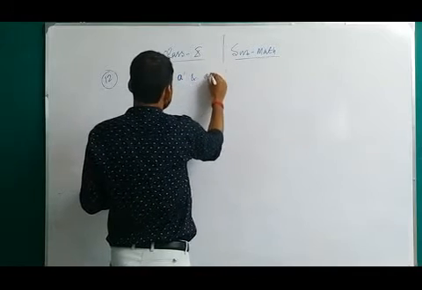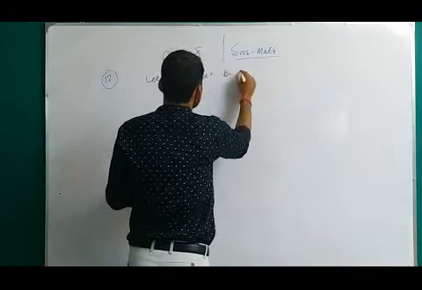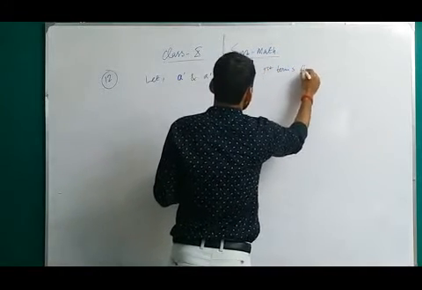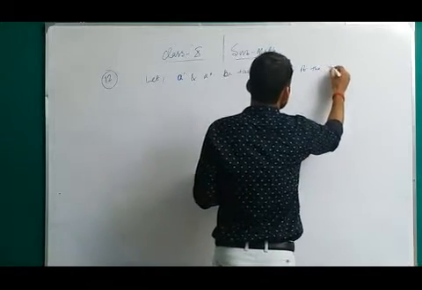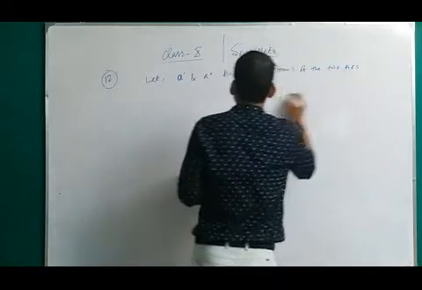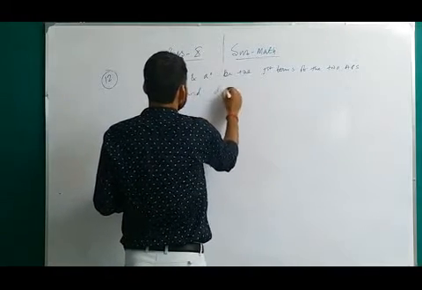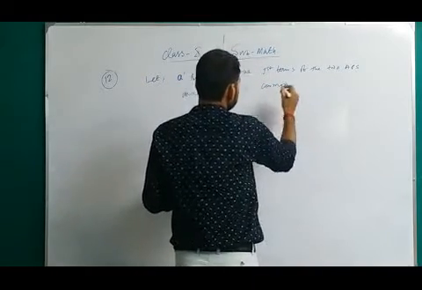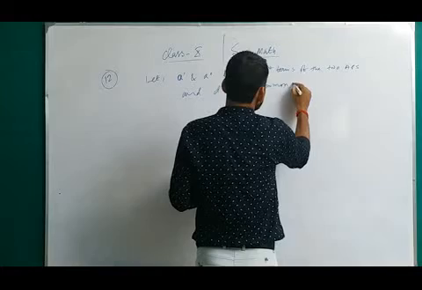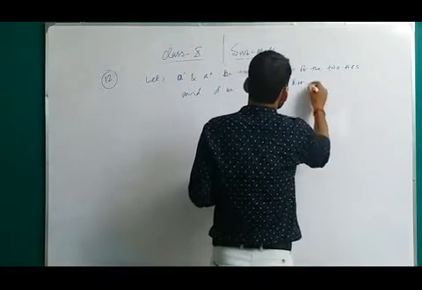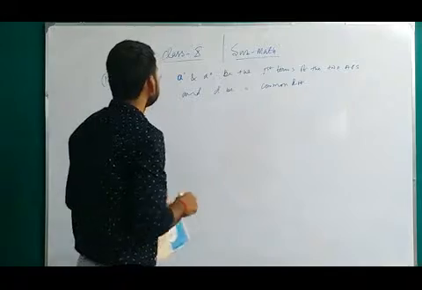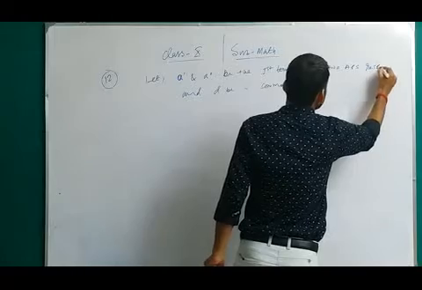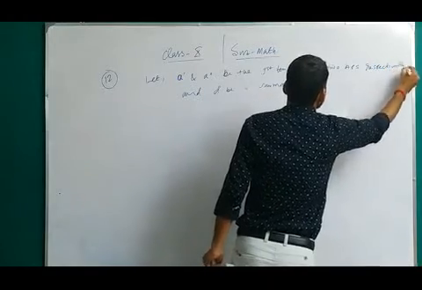Here let a prime and a double prime be the first terms of the two APs respectively, and d be the common difference.